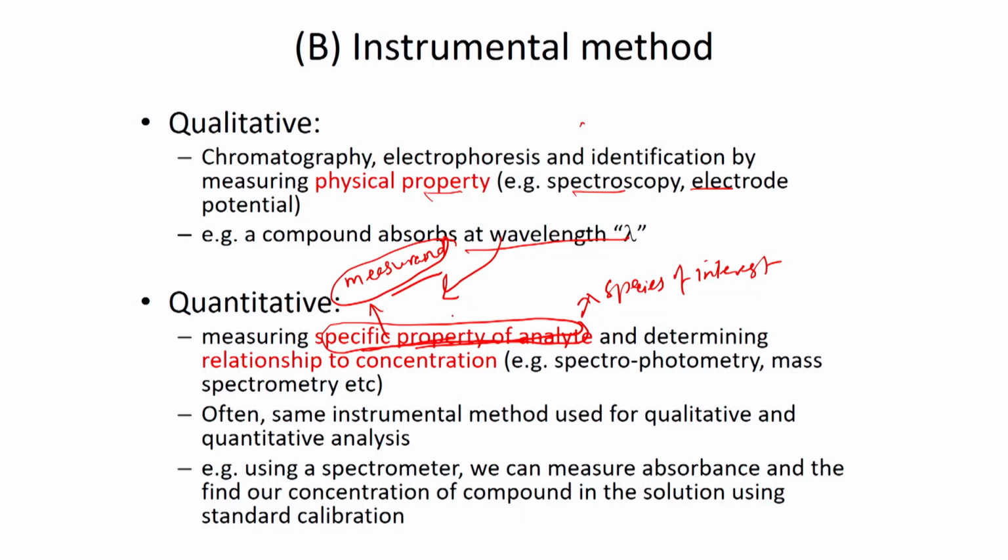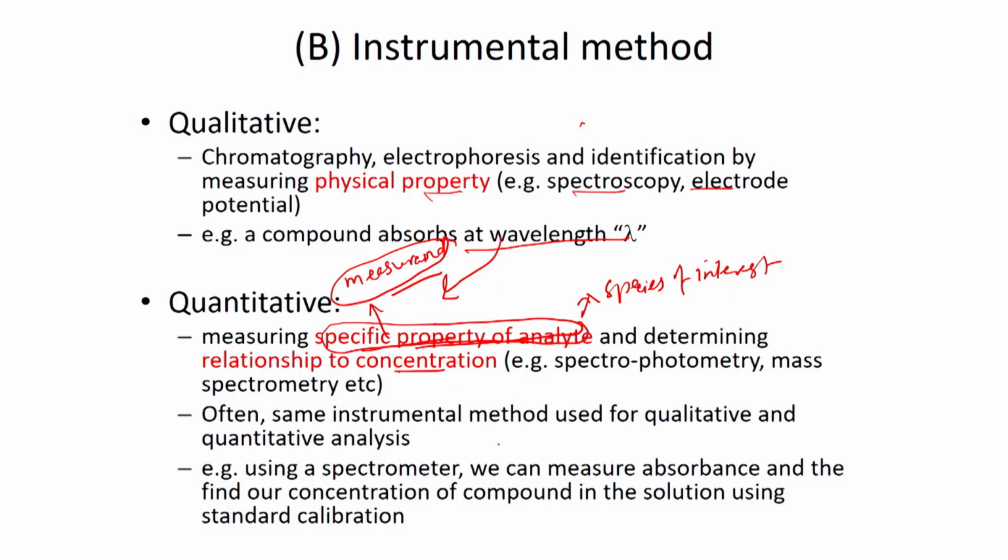That measurand, a physical or chemical property that we will discuss in the next lecture, must have a relationship with the concentration. This means the property we measure should increase or decrease with increasing concentration, but there should be a relation. If there is no relation, you cannot measure it.